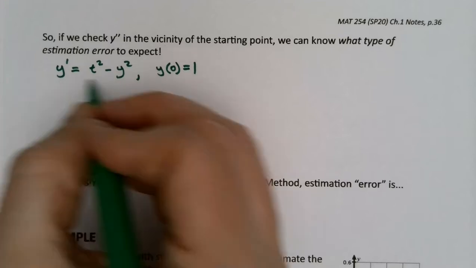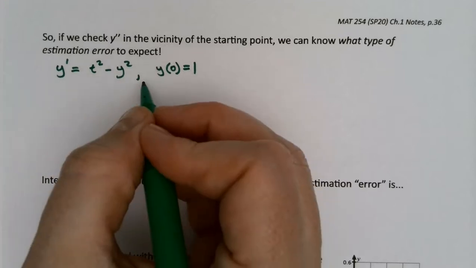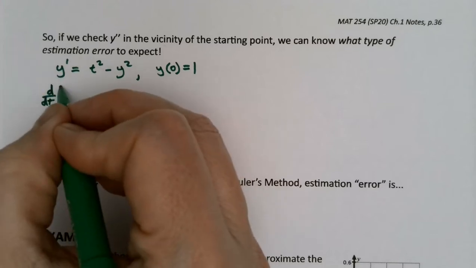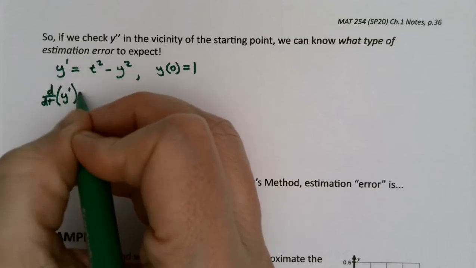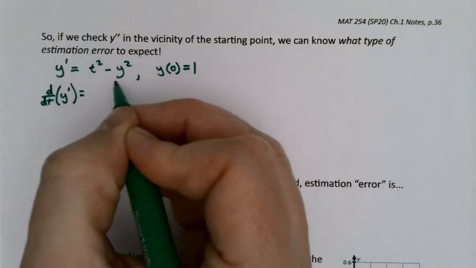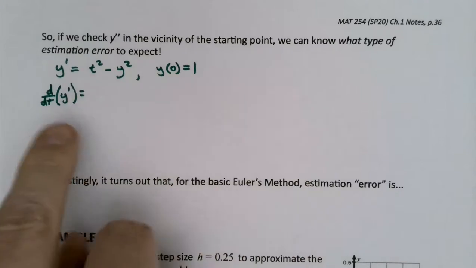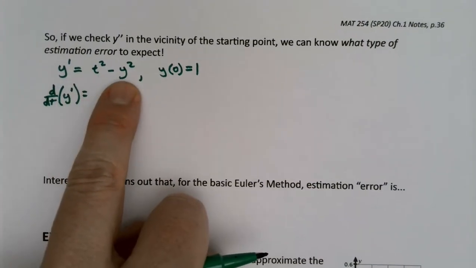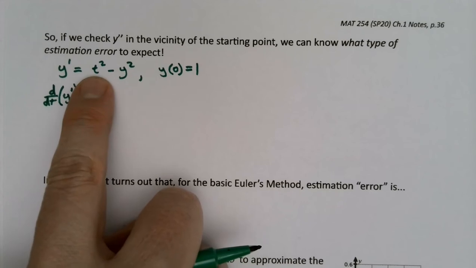So if I take the derivative of this entire equation with respect to t, then I'm taking the derivative of y prime. That's going to give me my second derivative. But now I have to take the derivative of this whole mess right here. And if you remember, we have to take each term at a time.